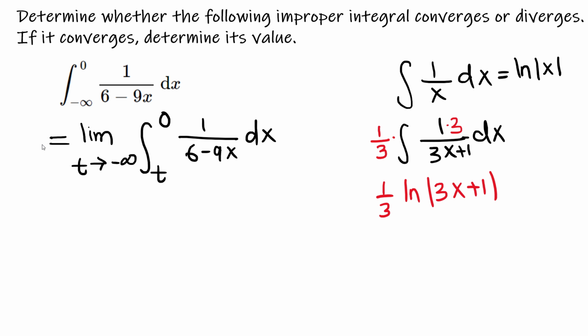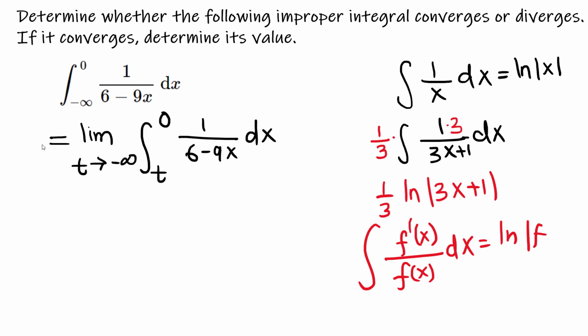This is pretty much doing u substitution, but not showing all the details. In general, if you have a function on the bottom and its derivative on the top, the integral is natural log of the bottom. And we can always manage constants, because constants can be pulled outside or inside, though not the variables.